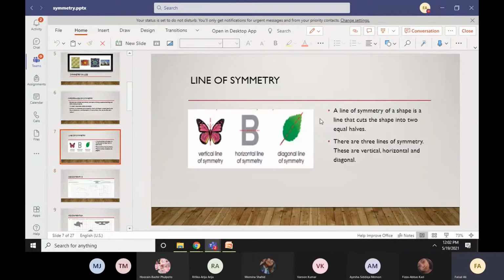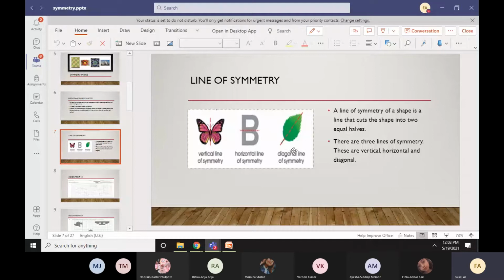And then we studied the lines of symmetry. What is a line of symmetry? A line of symmetry is a line that cuts the shape into two equal halves. There are three types of line of symmetry: the vertical line of symmetry, the horizontal line of symmetry, and the diagonal line of symmetry. For example, here is a leaf.